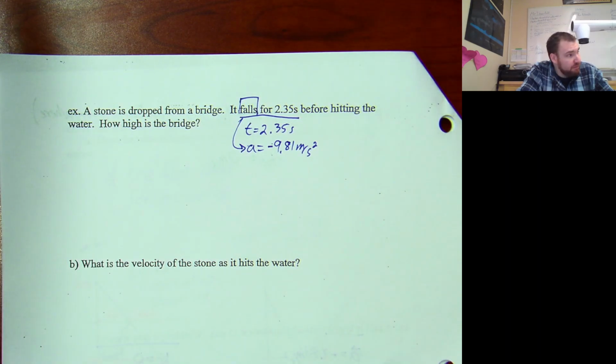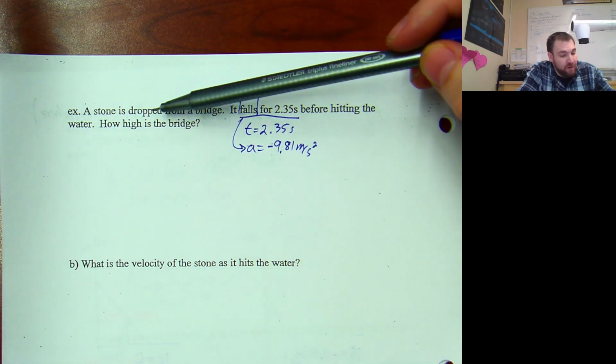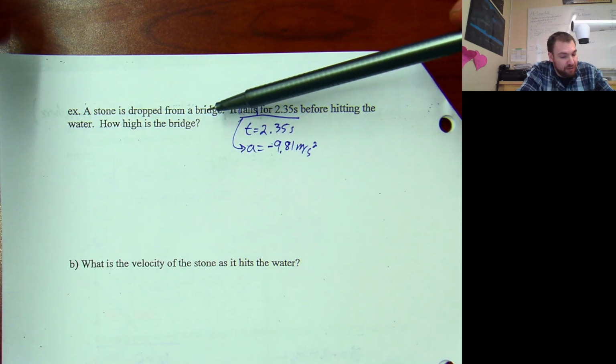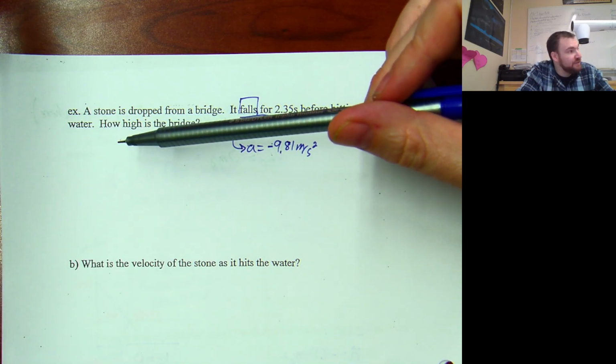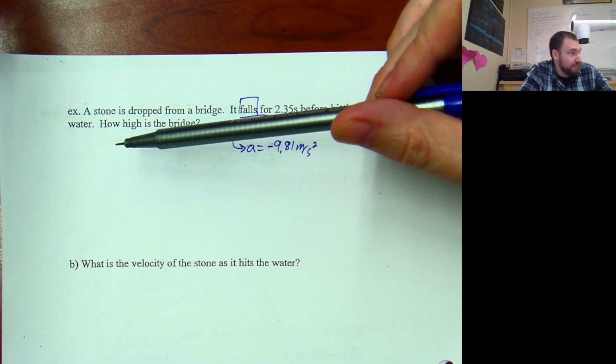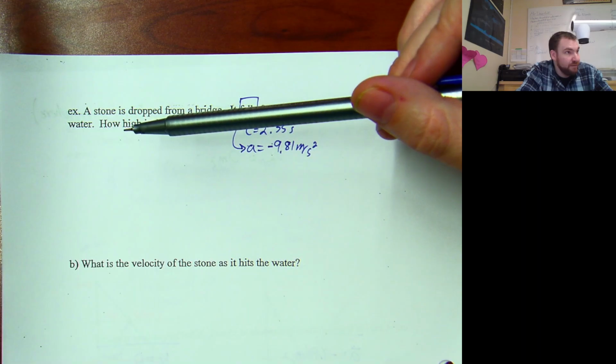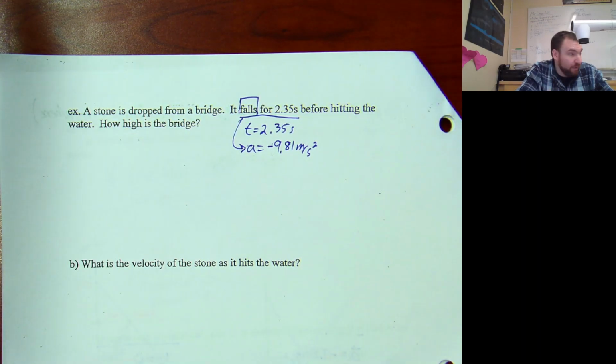VF is 0. You sure? Let's say this way. I drop a stone from a bridge and you're in the water. Does that stone have 0 velocity when it hits you? No, it's going to hurt because it has lots of V. So we need one more piece of information here.